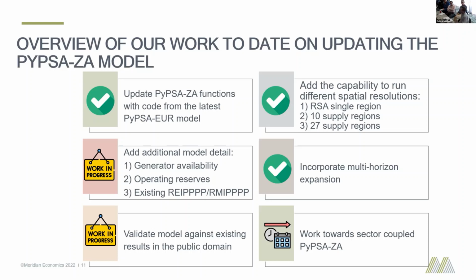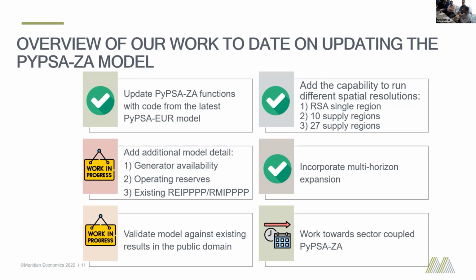There are two ways that you can do multi-horizon expansion: one is termed perfect foresight and the other is a myopic transition path. Perfect foresight is where the optimization essentially runs all the periods at once, so it knows all the learning rates and can see the entire period at once.